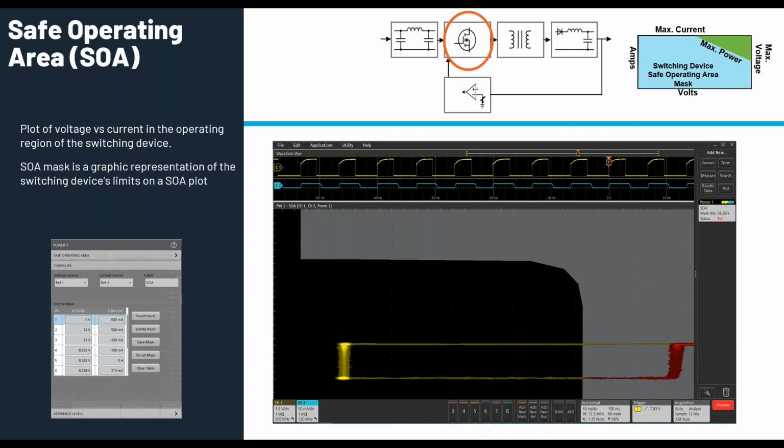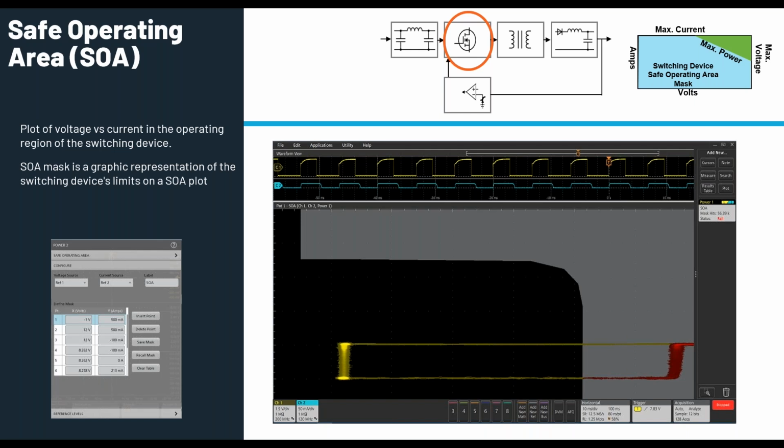It's especially important to measure the safe operating area to look at the startup and the load transients, and also there can be short circuit conditions, which can be characterized by looking at the safe operating area measurement. With oscilloscopes, using the SOA mask, we can define acceptable voltage and current boundaries.